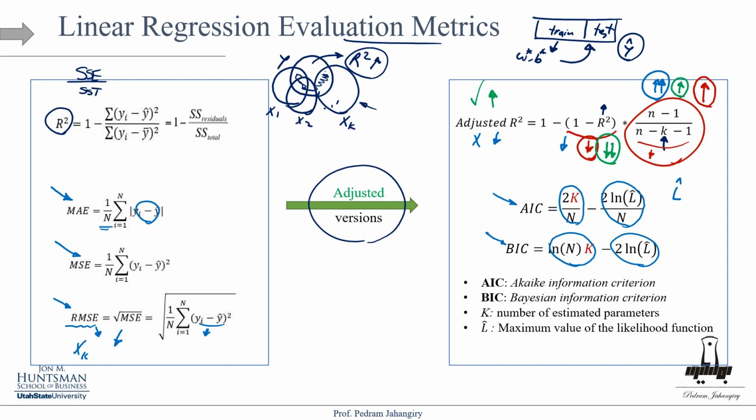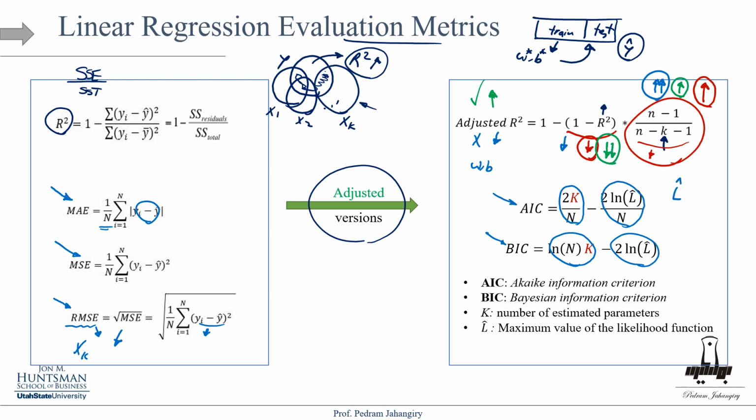What is the probability that the true observations are coming from the model that you're specifying, given the values for parameters? So we say, given the values for W and B, what is the probability that the data is coming from this model, let's say this linear regression model, right?